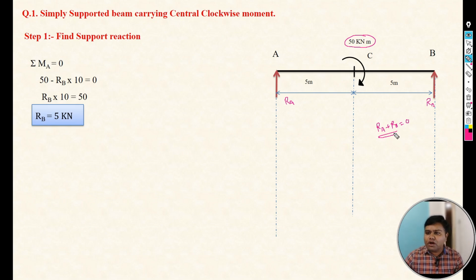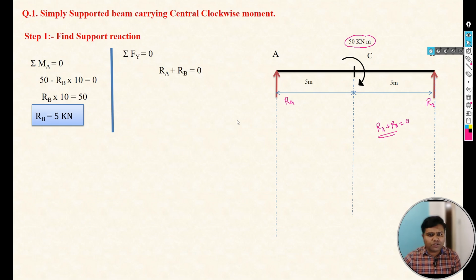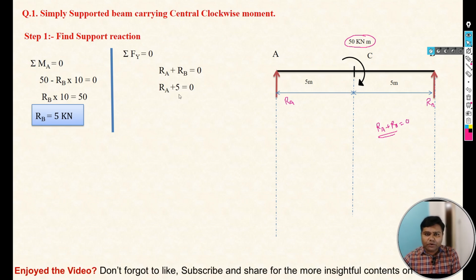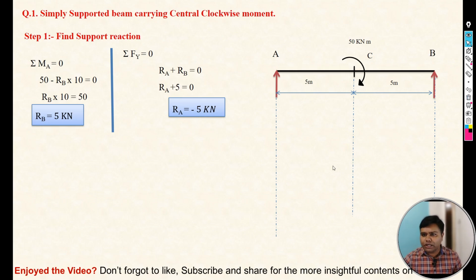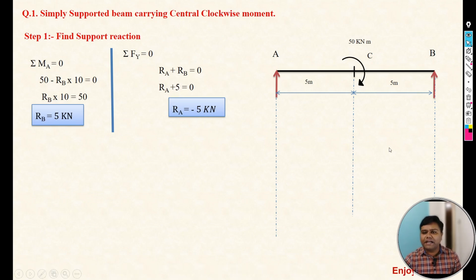Summation Fy means the algebraic sum of all vertical forces, not a moment. So that's why we are not taking this moment in the calculation of summation Fy. So RA plus RB equals 0, but RB we have already calculated as 5. So RA will be minus 5 kilonewton. Now here we got both reactions: the support reaction at point A is minus 5 kilonewton and the support reaction at point B is plus 5 kilonewton.